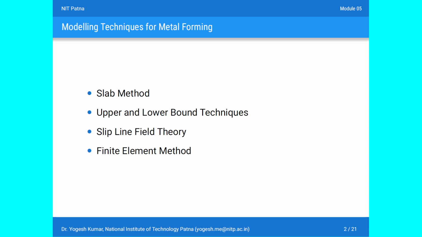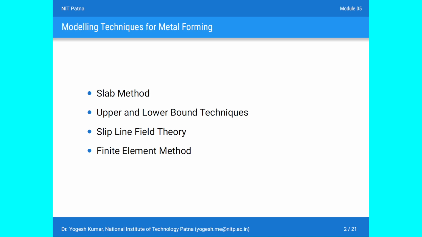Okay, so for finding the exact solution, we assume that in the case of equilibrium, the differential equation for stress tensor must be satisfied throughout the deforming body. This is the first condition. Then the second condition is that the continuity of flow or incompressibility must be maintained.